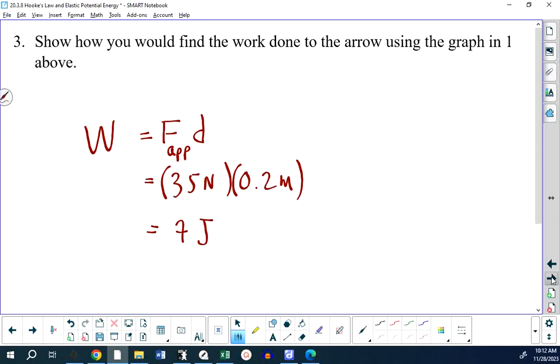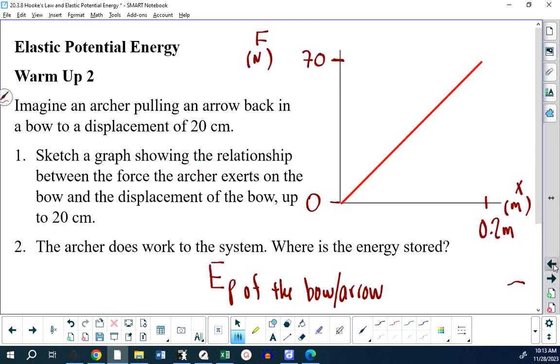Okay, good. But this is evident based on the fact that most of you didn't know how to get that force. You weren't thinking about it that way. We've already learned how to find the work done. It's the area.